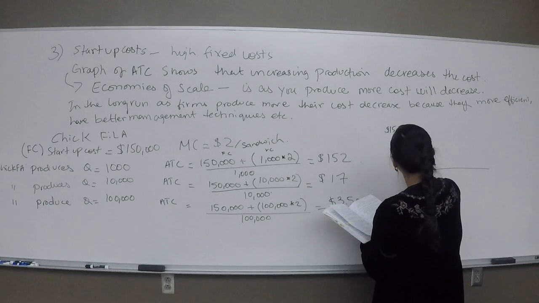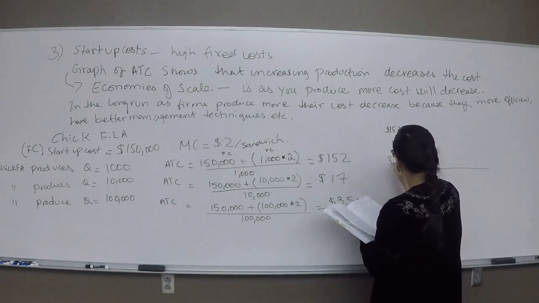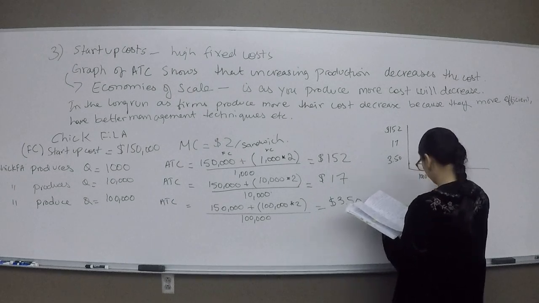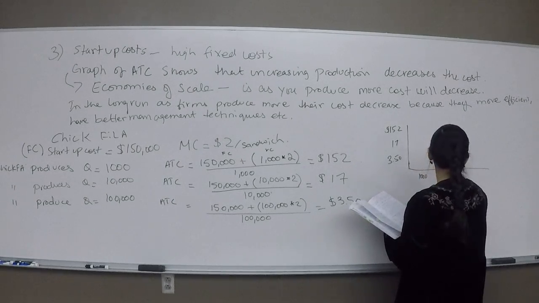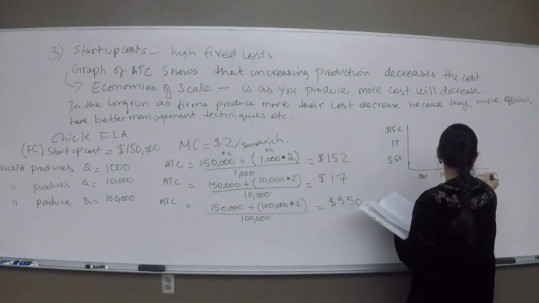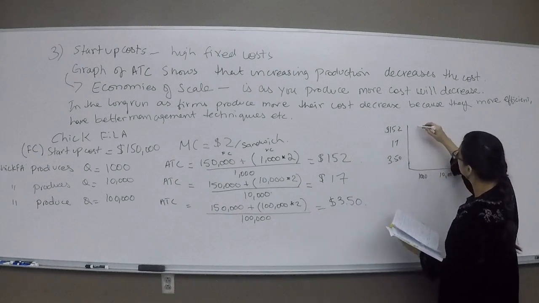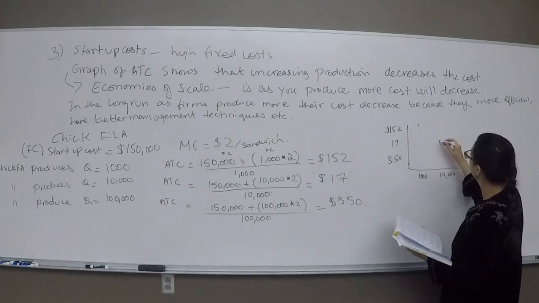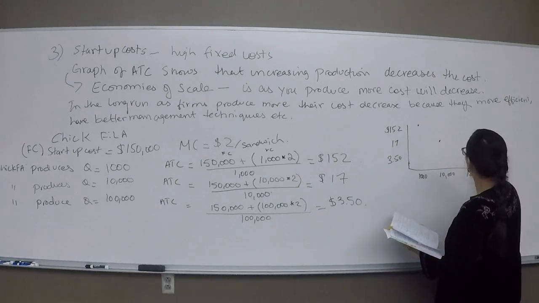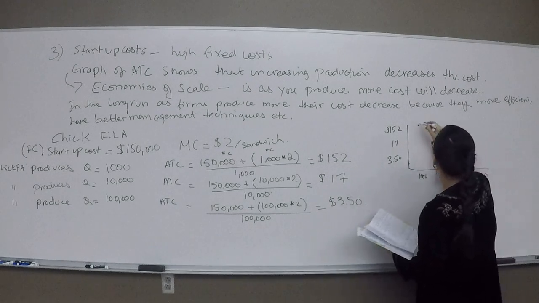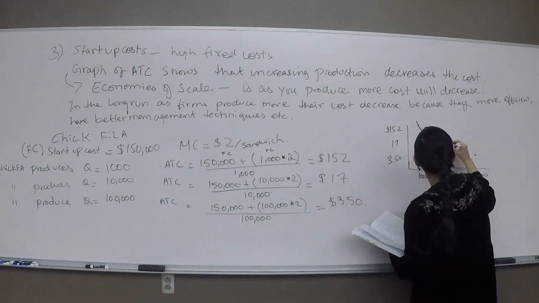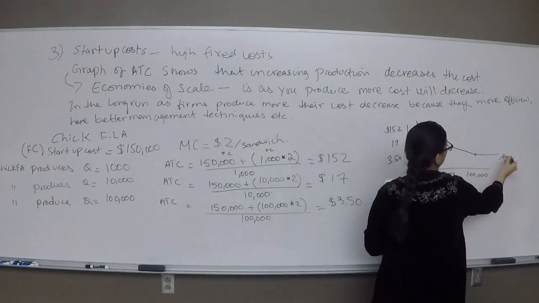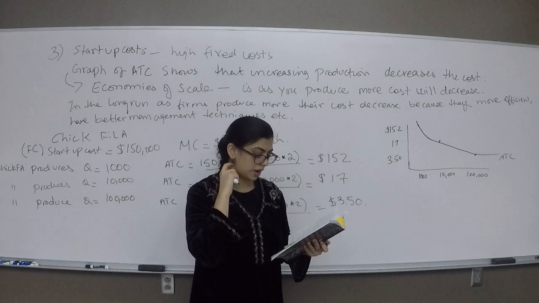$152, 17, 3.50, and 1,000, 10,000, 100,000. So at 1,000 we were at $152. At 10,000 we were at $17, and then at 100,000 we were at $3.50. And if you draw the line, you see that it's a decreasing slope. That looks like this. This is your ATC, right?